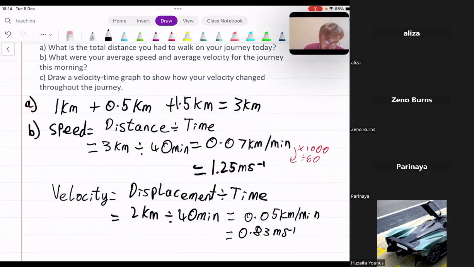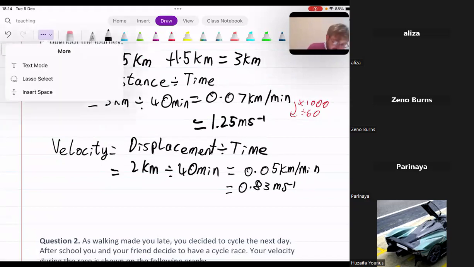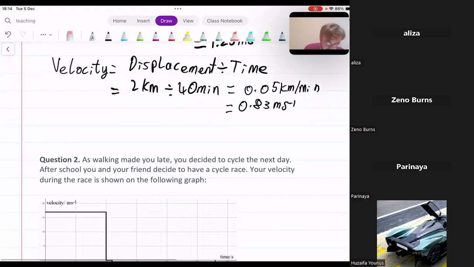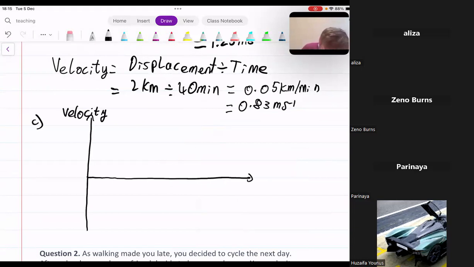And now, finally, we want to draw a velocity time graph for the whole journey. A velocity time graph has velocity on the y-axis and time on the x-axis.